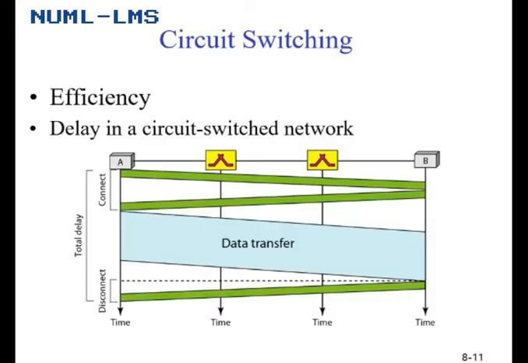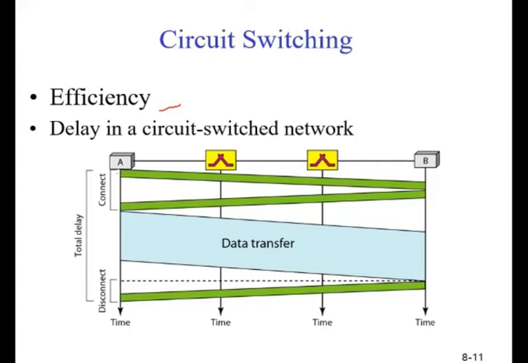In the next slide, we'll talk about the efficiency of this network, how efficient it is, and we'll talk about delay. This is basically a picture of delay. Let's talk first about the efficiency. It can be argued that circuit switch networks are not as efficient as the other two types of networks, which are packet switch and message switch, because resources are allocated during the entire duration of the connection.